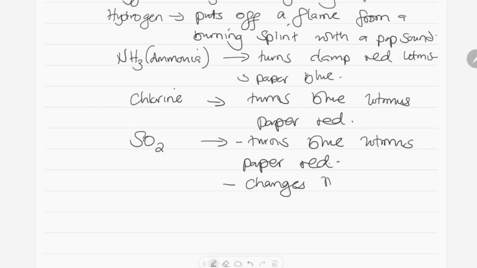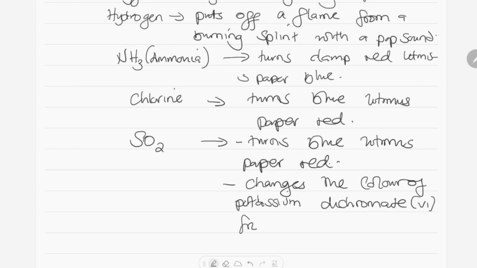The presence of sulfur dioxide changes the color of potassium dichromate, which is orange, from orange to green.